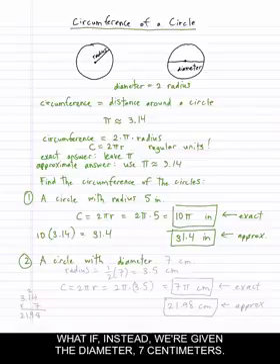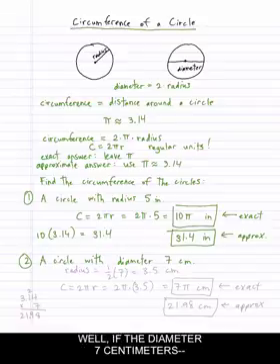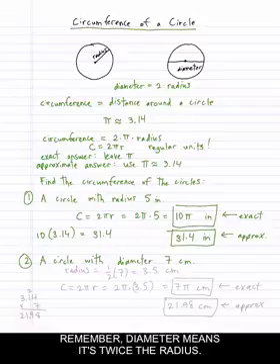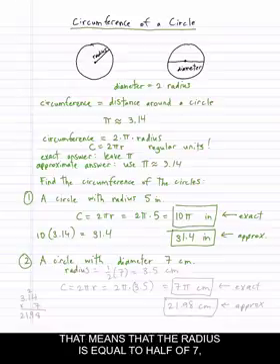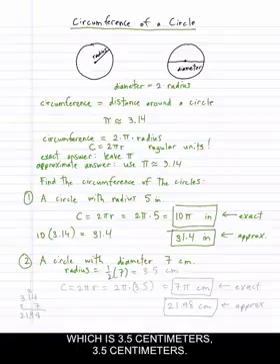If instead we're given the diameter, 7 centimeters. Well, if the diameter is 7 centimeters, remember diameter means it's twice the radius. That means that the radius is equal to half of 7, which is 3.5 centimeters.